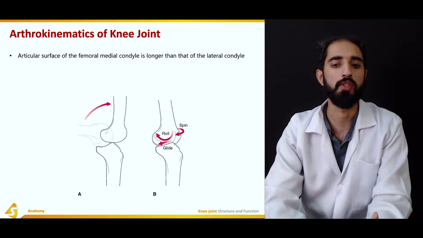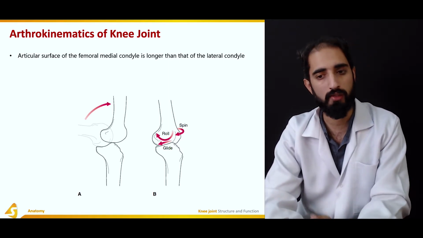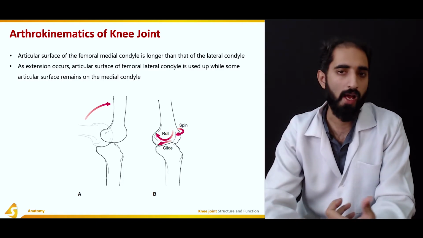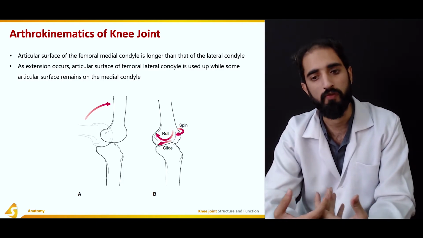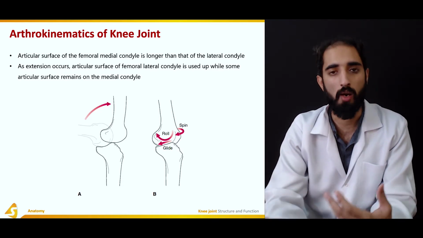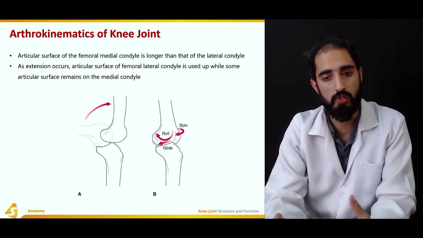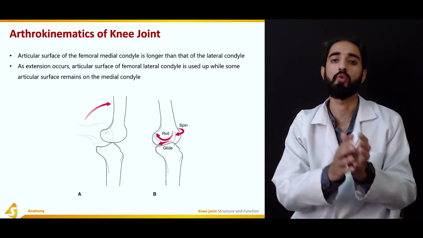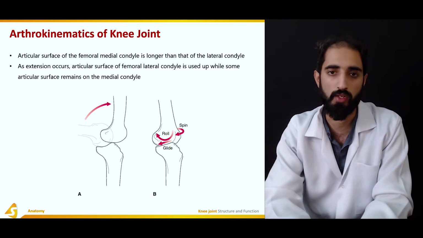Moreover, the articular surface of the femoral medial condyle is longer than that of the lateral condyle. So whenever extension occurs, the articular surface of the femoral lateral condyle is used up while some of the articular surface remains on the medial condyle. So that brings us to the point when I mentioned that rotation occurs whenever there is flexion and extension.